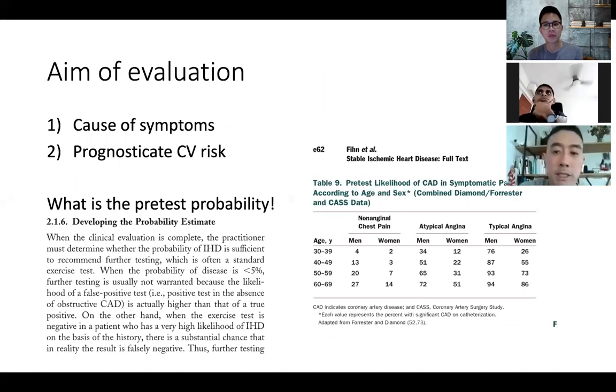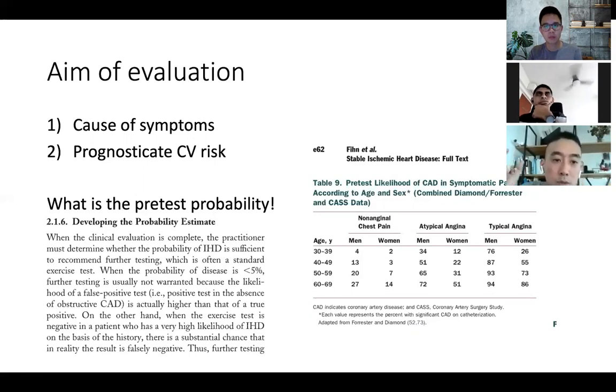If a patient has poking chest pain, or a patient has reflux symptoms, you know that IHD is unlikely the cause of that, right? So you want to establish the cause of the patient's symptoms, and two is to prognosticate the patient's cardiovascular risk, whether this patient is likely to have left main disease versus, for example, PDA disease. So these are the two aims of evaluation.